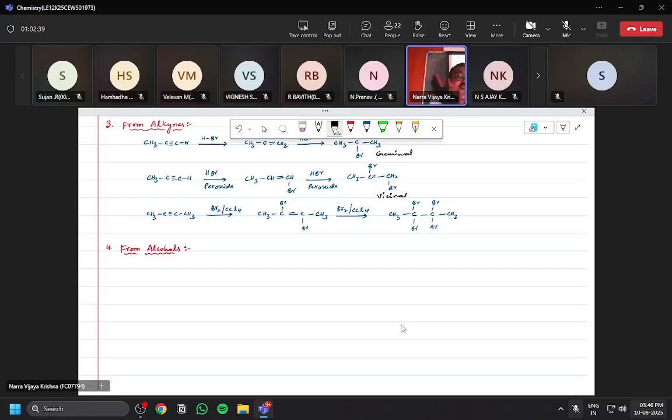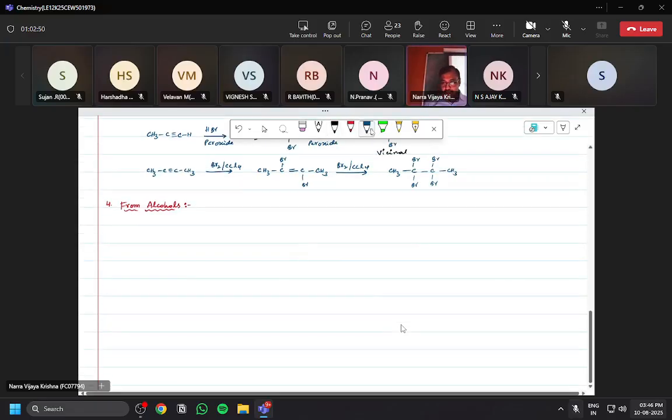There also what we are getting as a product is chlorides. In the case of Lucas test, what do you use? HCl in presence of ZnCl2.